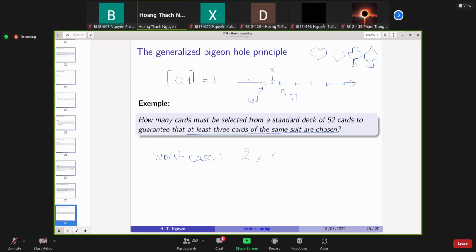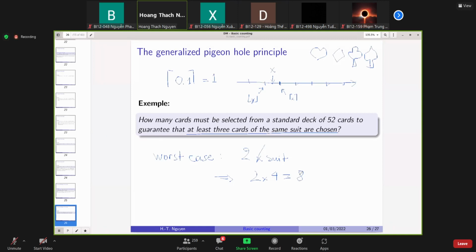In the worst case, you have 2 cards for each suit, so you have 8 cards.